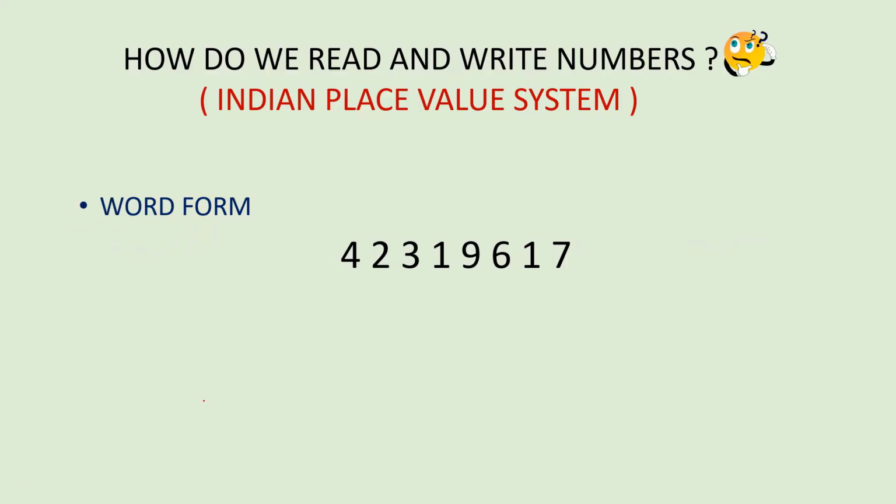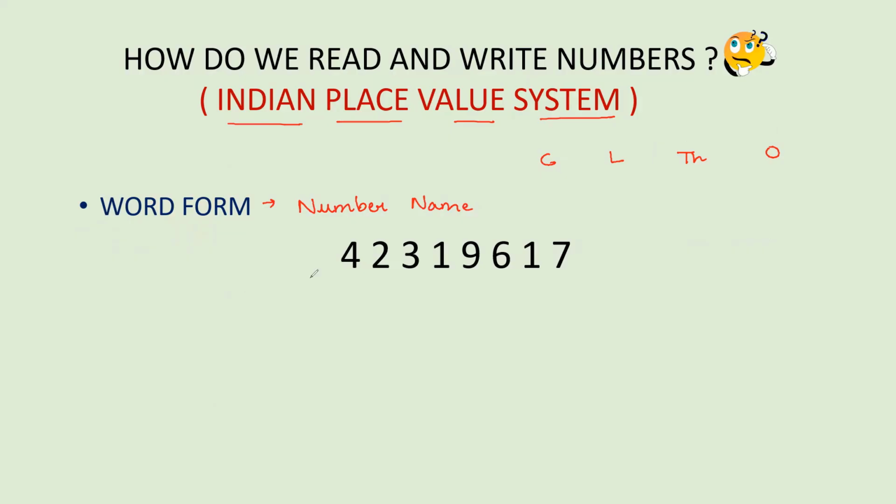Now, first is how do we write the numbers in word form, which also means how do we write the number name of any number in Indian place value system? Let us first again revise the periods. We have ones period, thousands period, then lakhs period, and then crores period.